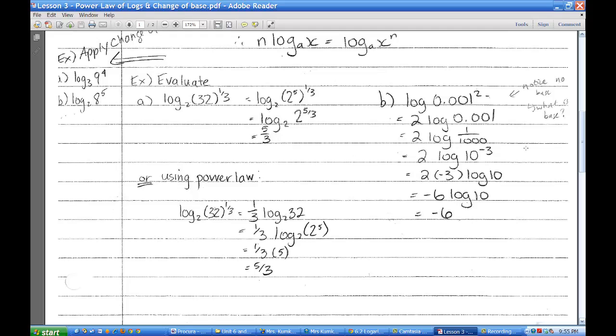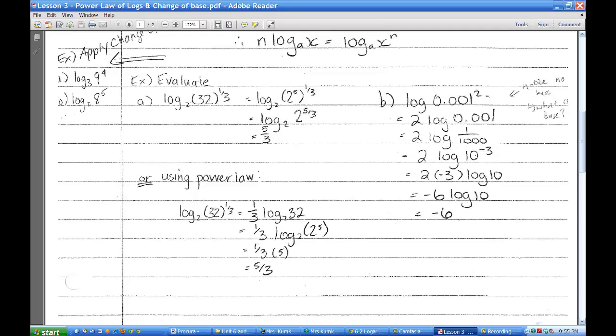If there is no base right here, if it doesn't say what base it is, you can assume that the base is, that's right, base 10. So whenever you don't have a base written, it's base 10.